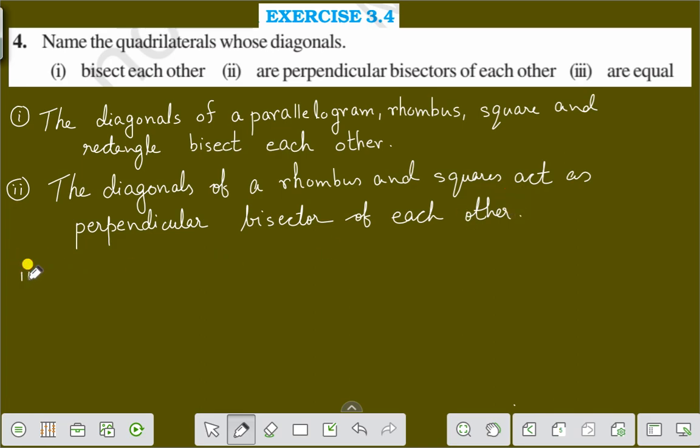Number 3. Name the quadrilateral whose diagonals are equal.